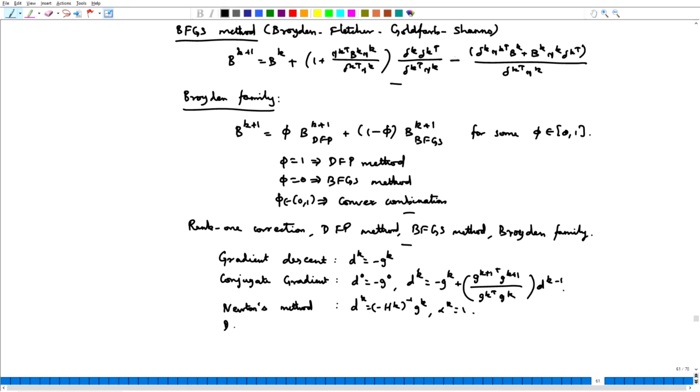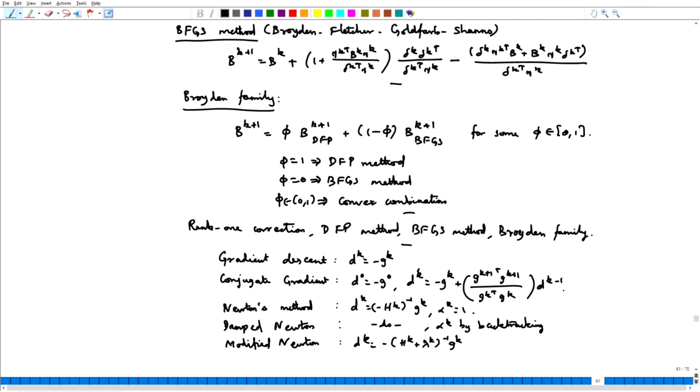For damped Newton's, dk was the same, but alpha k by backtracking line search. The next one was modified Newton, where dk was minus hk plus lambda k inverse gk, lambda k was half minus the minimum eigenvalue of hk, but alpha k was 1.